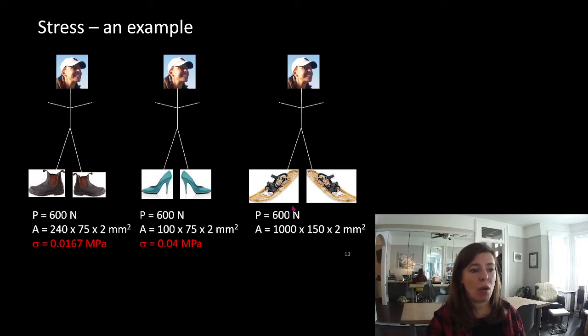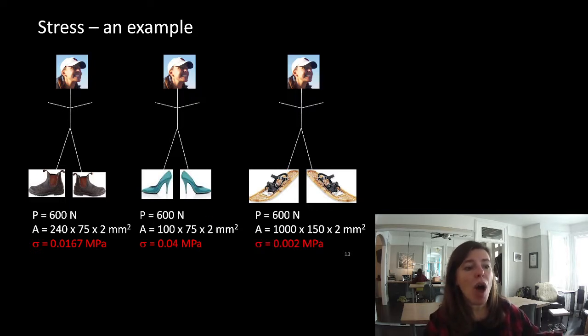All right, so we've got snowshoes that are 1 meter by 150 millimeters, or 6 inches. My weight hasn't changed, and I'm standing there getting my picture taken. So now we've got 600 divided by 1,000 times 150 times 2, which equals 0.002 MPa.